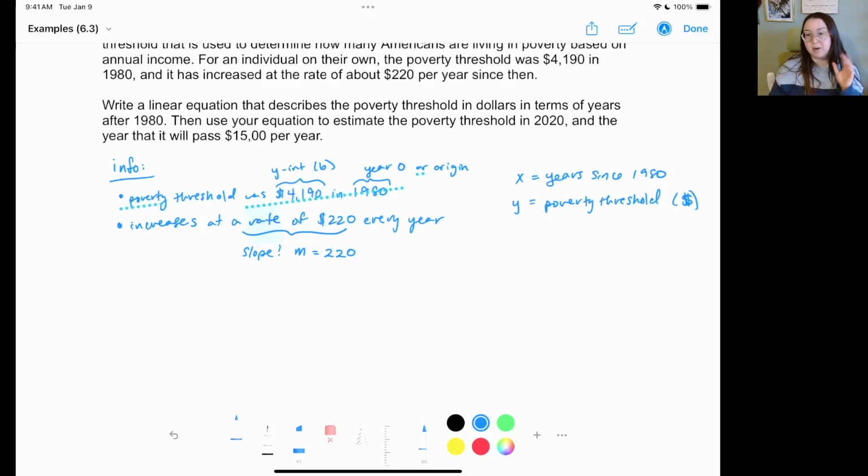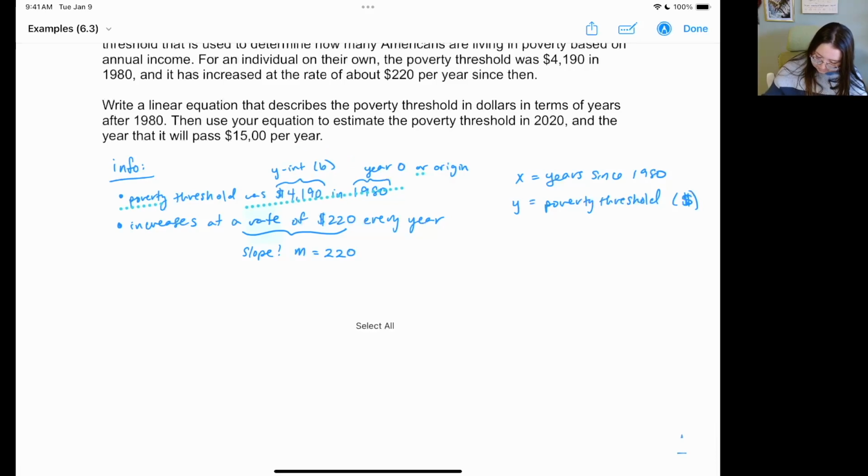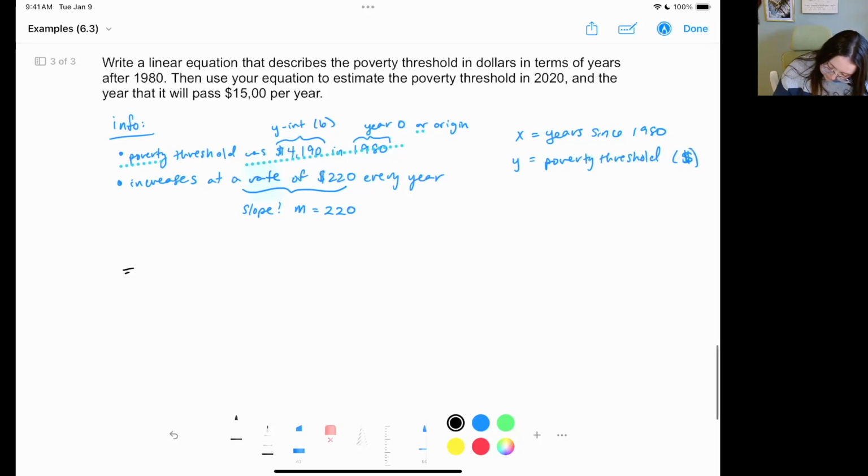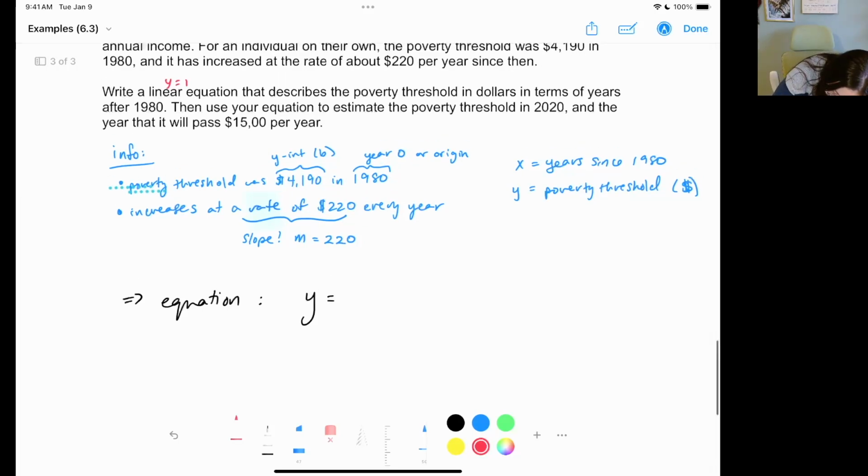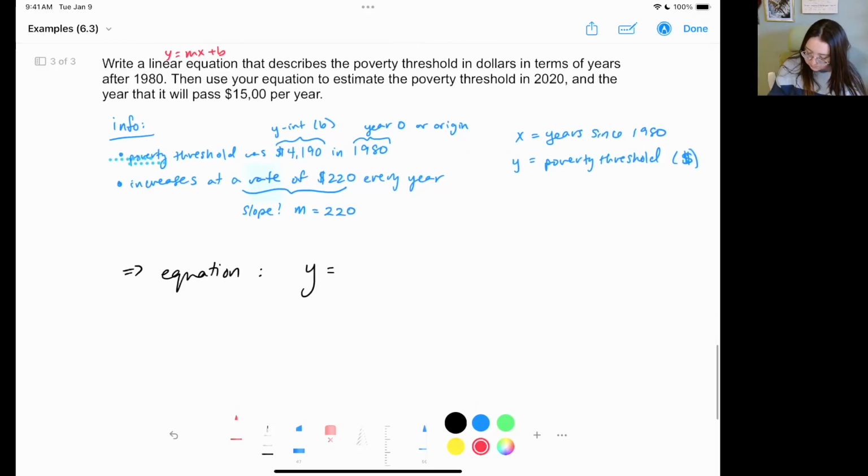Because remember, we want to write the linear equation. So our equation is going to be Y is equal to, and remember we have mx plus b, that's our linear equation, y equals mx plus b, slope-intercept form, it's the easiest one.